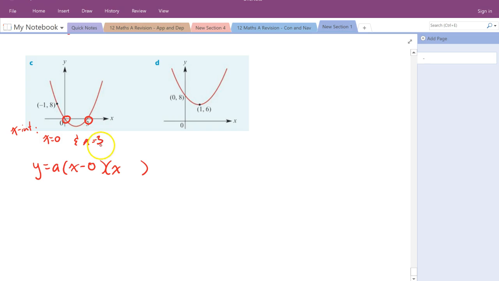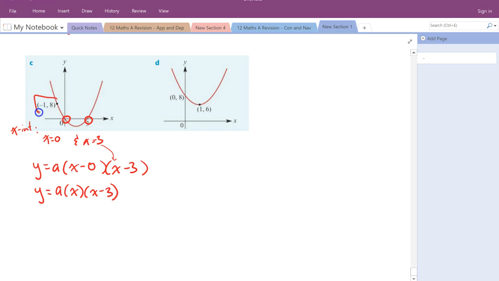Here, if I substitute 3 in for x, I need a negative 3 here to make this bracket 0. So if I simplify this, I have a times x times (x minus 3). That's where I'm at right now.